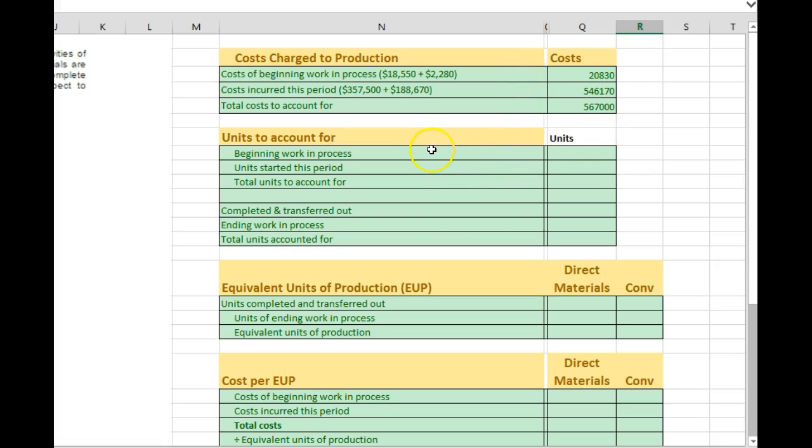Now, units accounted for. So what was our beginning work in process? If you look to the left again, now we're talking about units, not costs this time. So you will look at equivalent units.